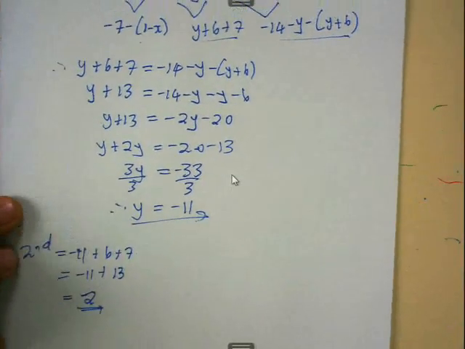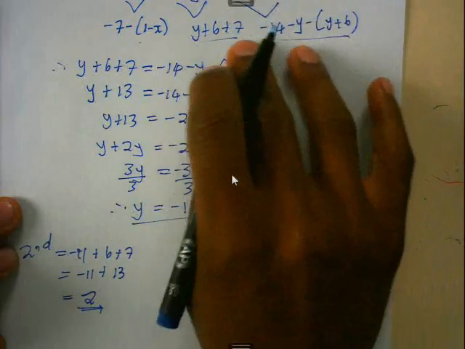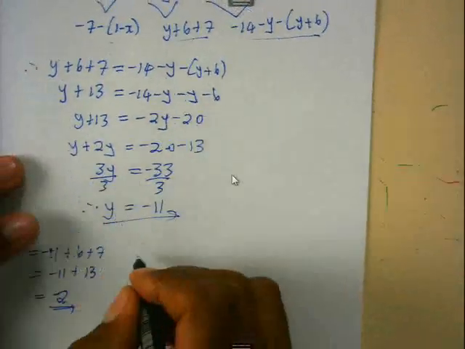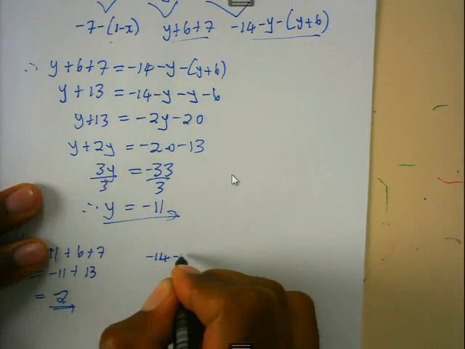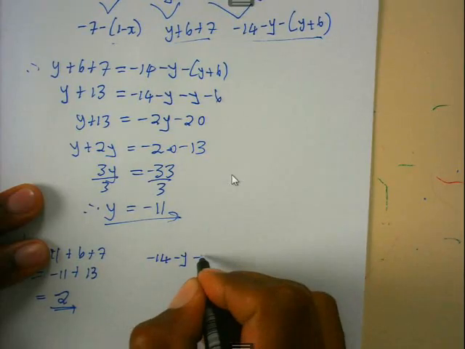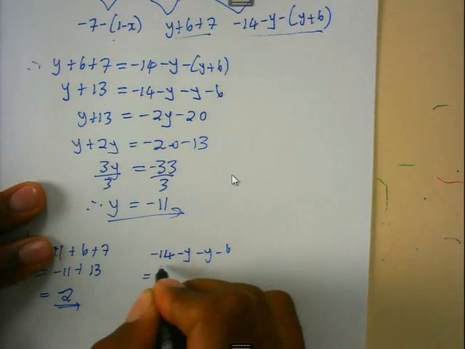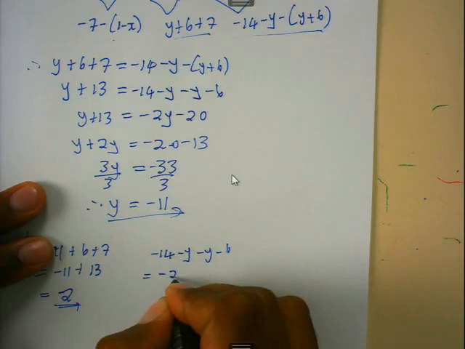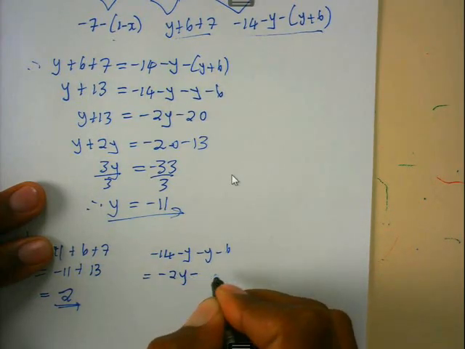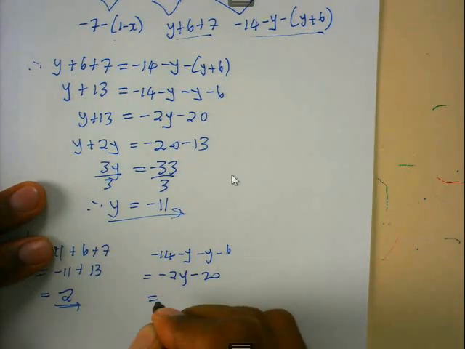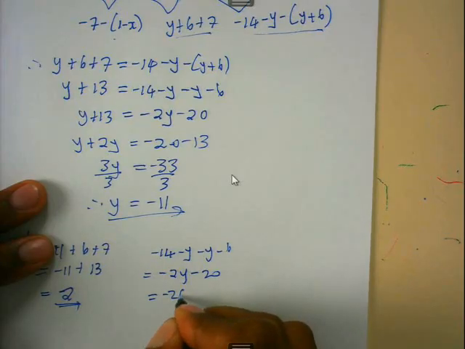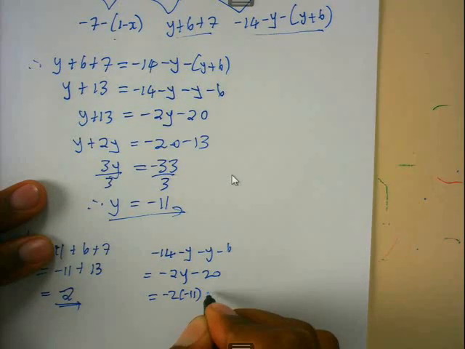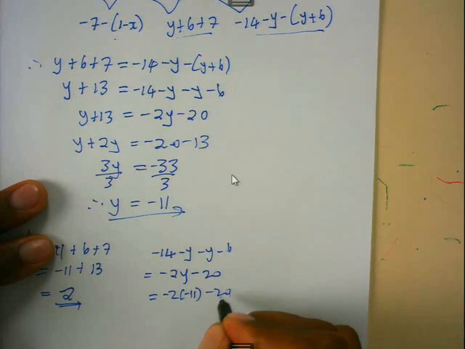Boys and girls, it doesn't matter which one you take, especially the last two. Even if you take minus 14 minus y, minus y minus 6, you remember when you simplify this one, you had minus 2y as well as minus 20. Now you substitute: minus 2 times y, which is minus 11, then of course minus 20.